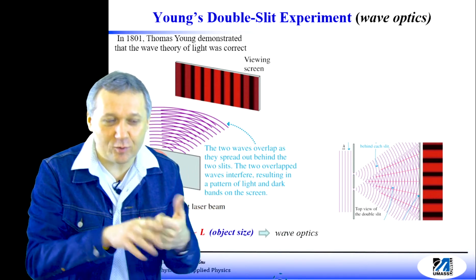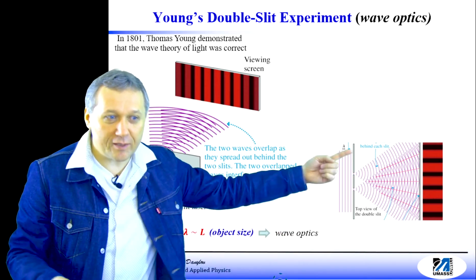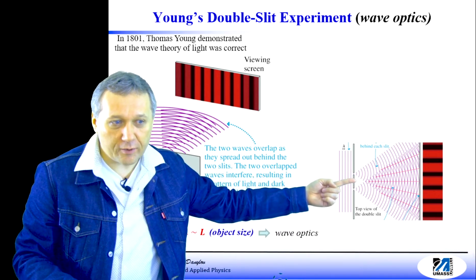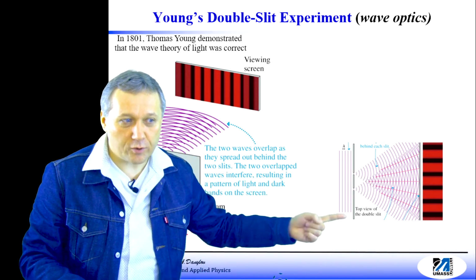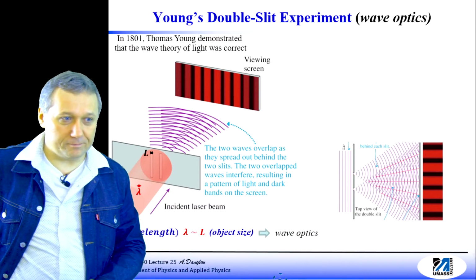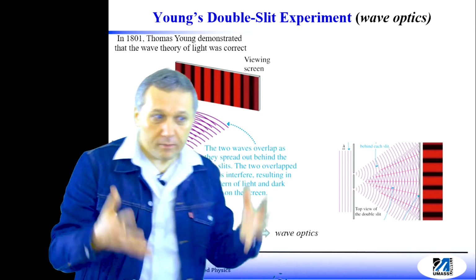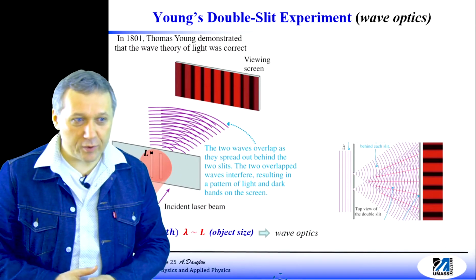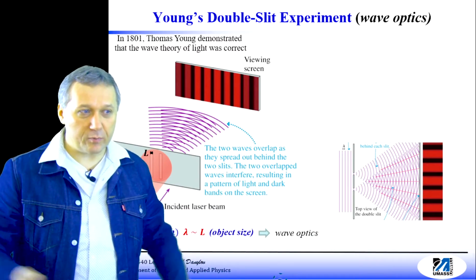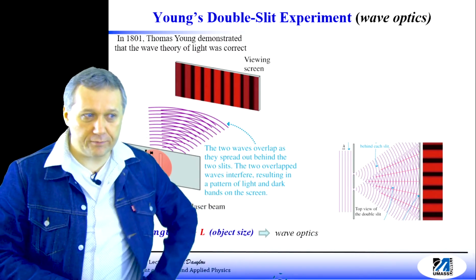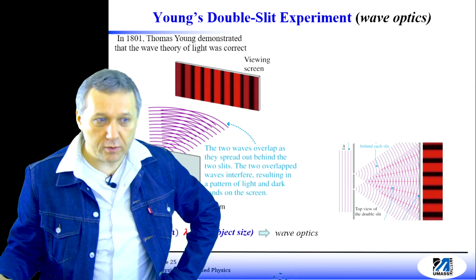So the inherent phase difference will be zero, and then you can easily measure R1 from this source, R2 from that source, plug into our interference conditions, and come up with a conclusion, constructive or destructive interference. So you see, nothing new.